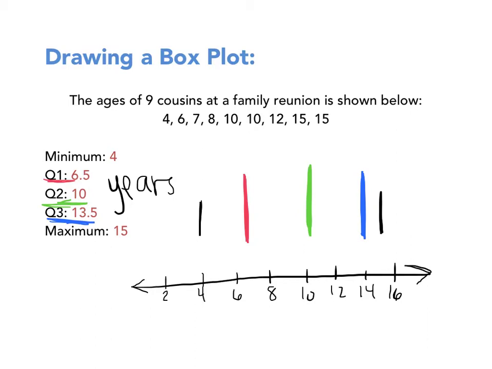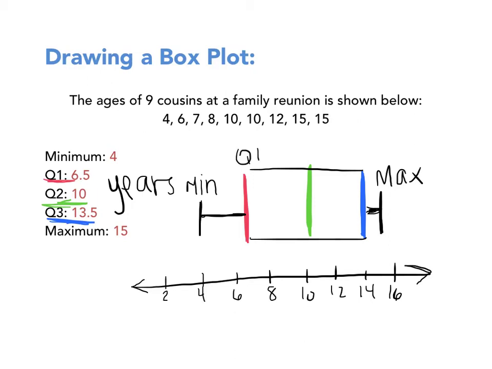And now, all I have to do is draw the box. And then I have to connect the minimum and max with these whiskers. I had no outliers, I remember, from calculating the IQR yesterday. So my box plot is done. I have my min, my max, my Q1, my Q2, and my Q3.